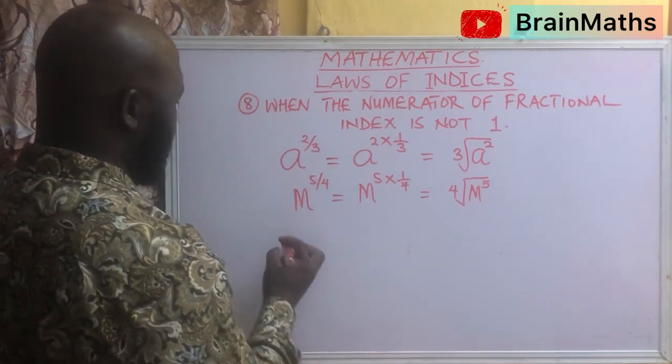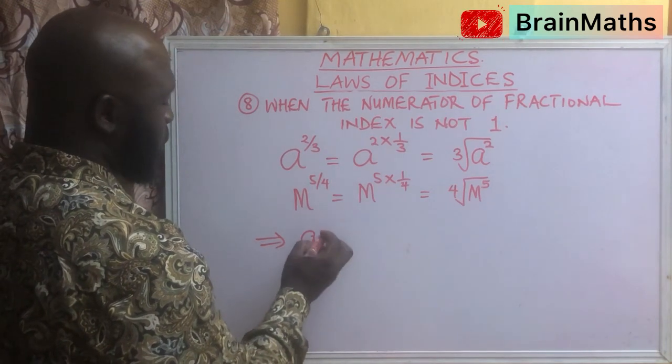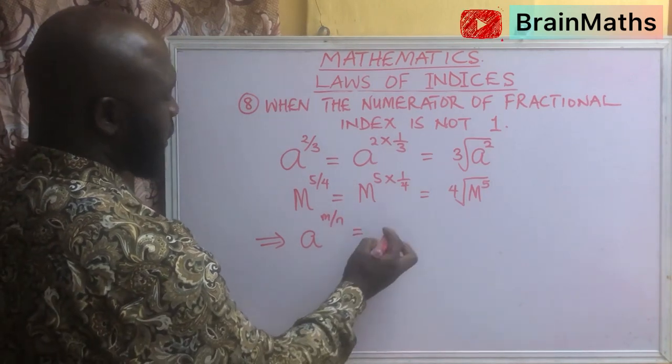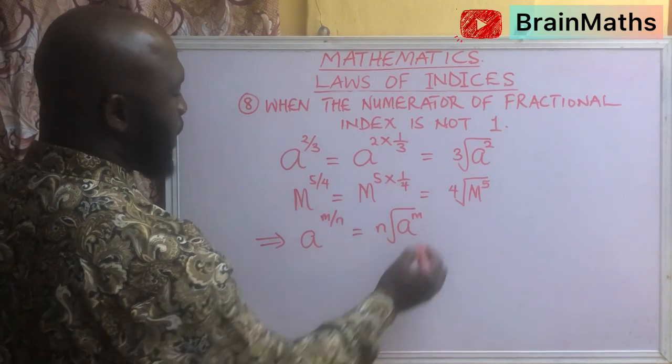So we can say in general that a raised to power m over n is the same thing as the nth root of a raised to power m.